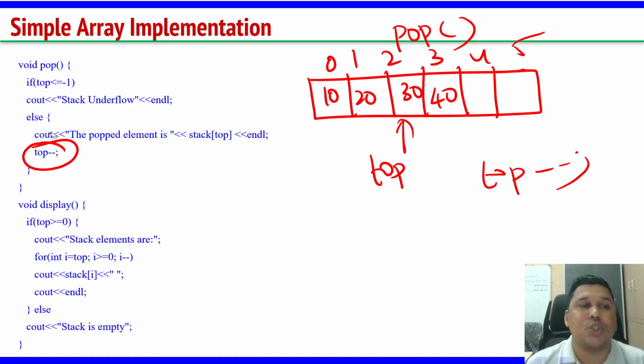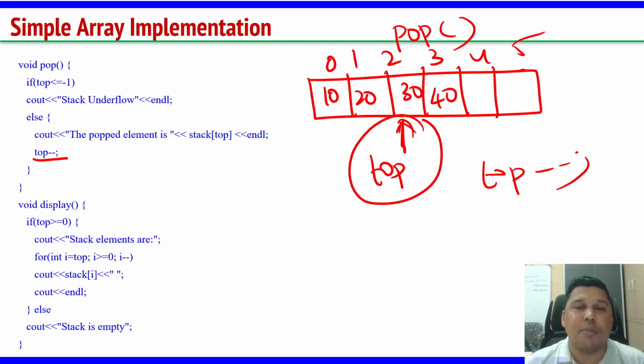What will top minus minus do? It will bring top to this location. That's it. The element 40 may remain there. It's not a problem for us. We are taking care only about this top pointer. That itself is enough. That will tell us how many elements are there in the stack.